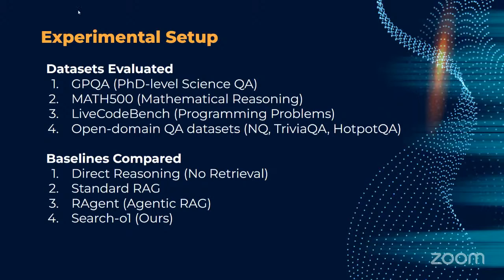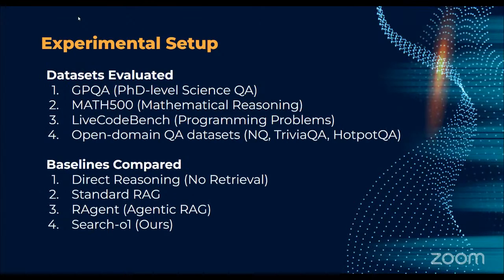It's okay. So for the next part, we have the experimental setup, whereby we were doing a comparison based on different datasets. We looked at 4 datasets. One of them was the GPQA, which has PhD level science questions.